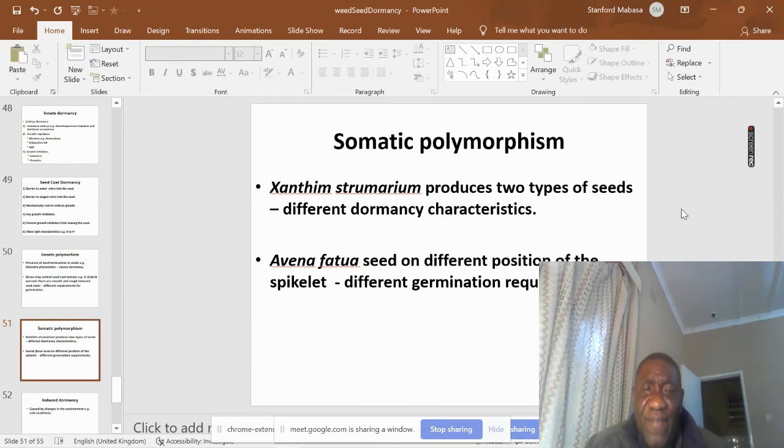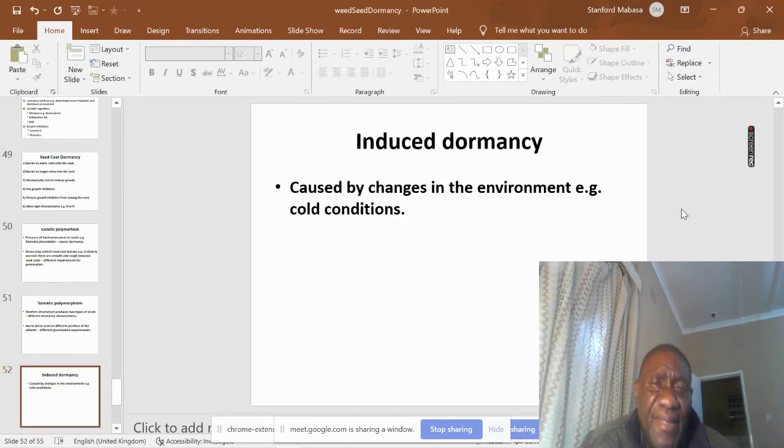Also, Avena fatua can produce a seed on different positions of the spikelet, and they have different germination requirements, which actually accounts for the seed dormancy which exists in these species.